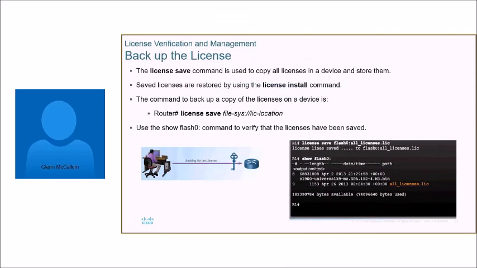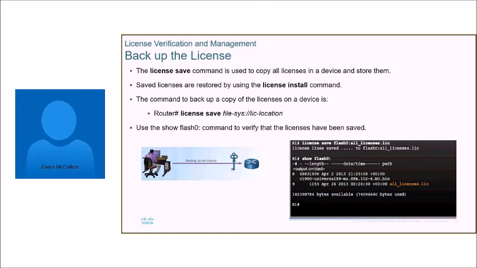You can back up the license. The license save command is used to copy all licenses in a device and store them. Saved licenses are restored by using the license install command. The command to back up a copy of licenses is called license save, and then you tell it where to put it.